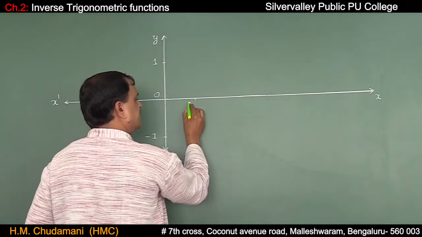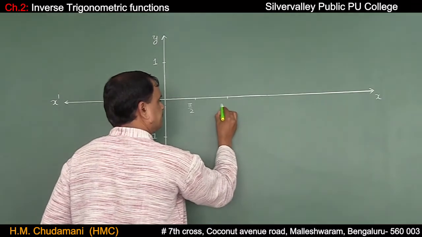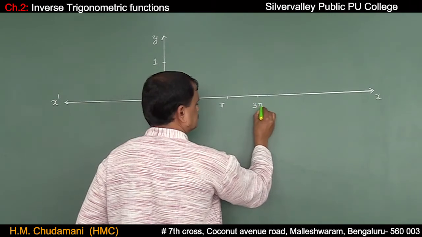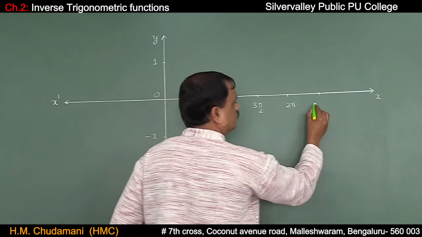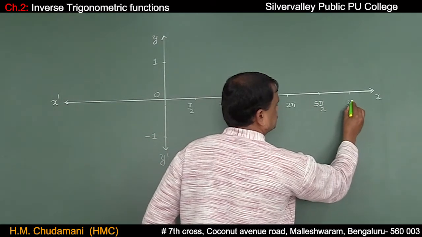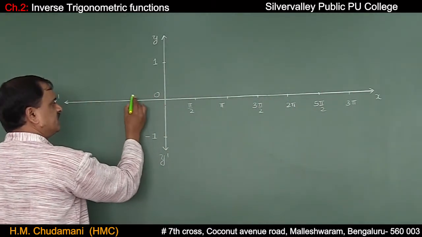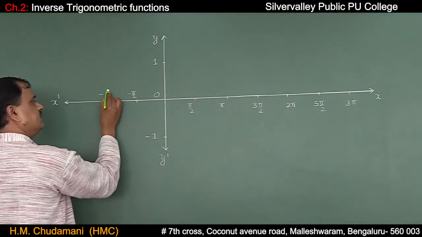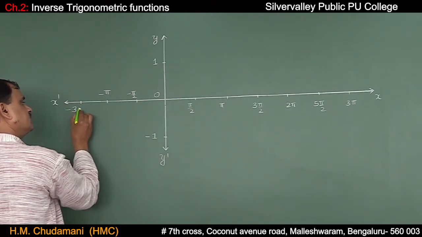Say this is pi by 2, pi, 3 pi by 2, 2 pi, 5 pi by 2, 3 pi and so on. Similarly, here minus pi by 2, minus pi, minus 3 pi by 2 and so on.